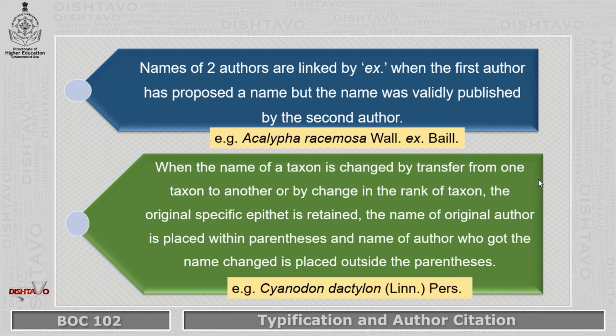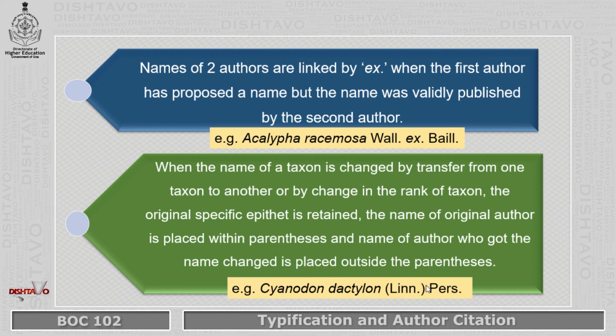When the name of a taxon is changed by transfer from one taxon to another or by change in the rank of the taxon, the original specific epithet is retained. The name of the original author is placed within parentheses and the name of the author who got the name changed is placed outside the parentheses. This can be seen from this example, Cynodon dactylon.